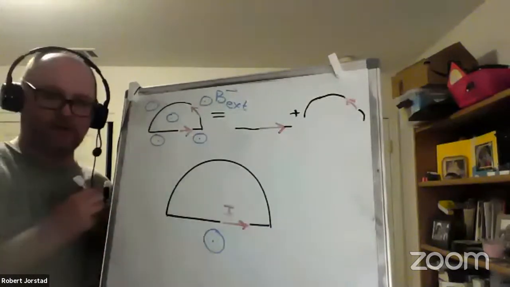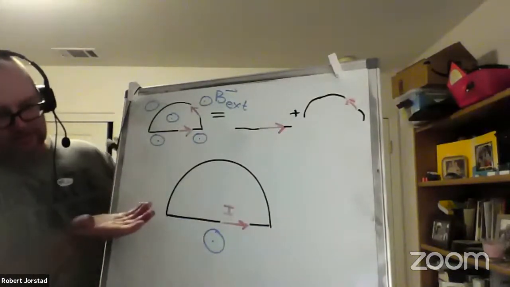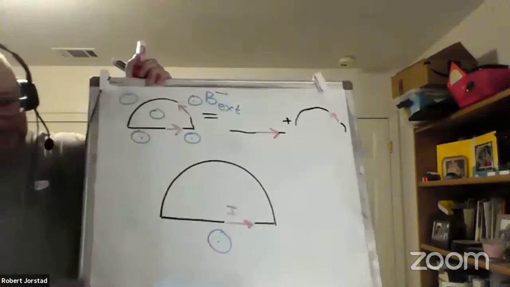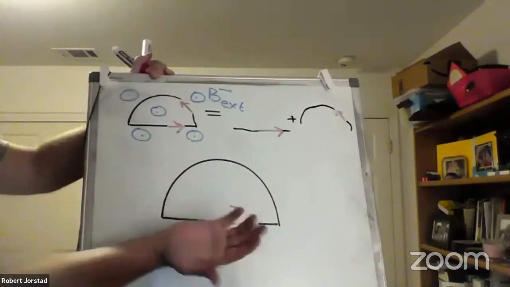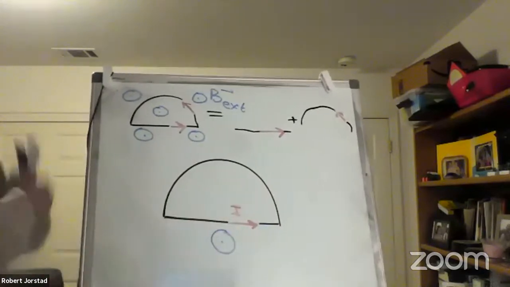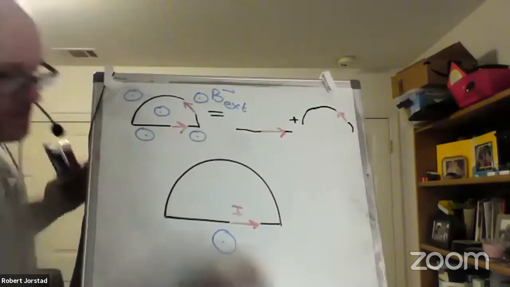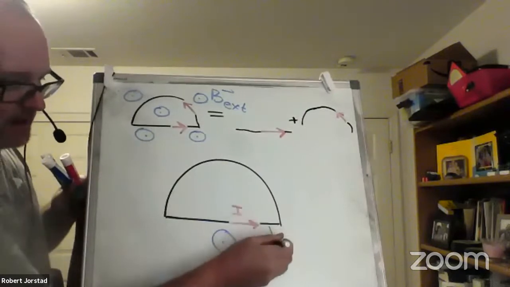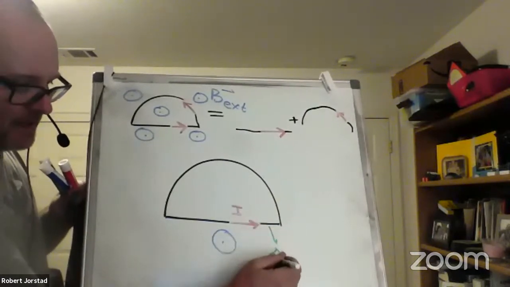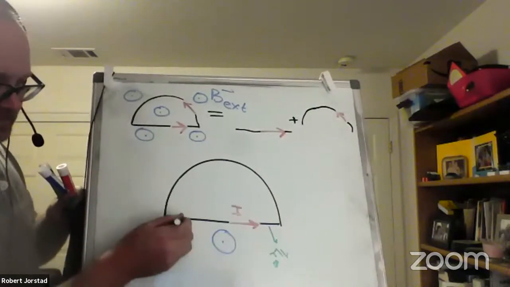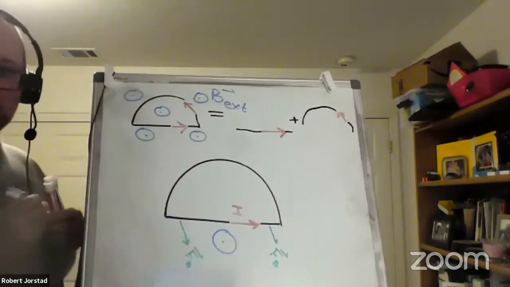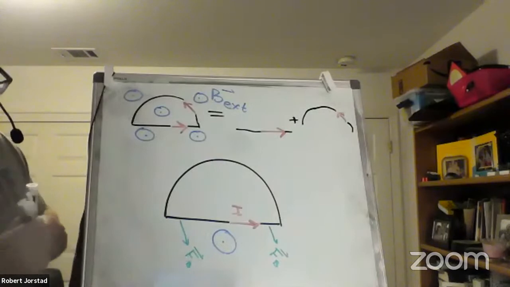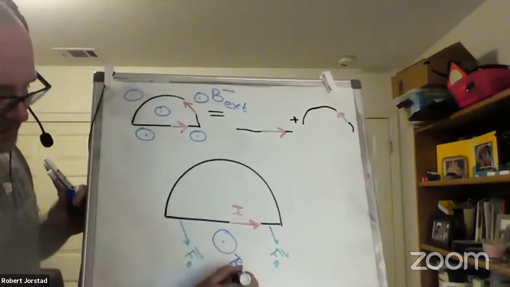What direction is the force? Downwards, right? So all along this segment of the wire, there's going to be a downwards magnetic force. Okay, that's supposed to be straight down, sorry, because this is B external.